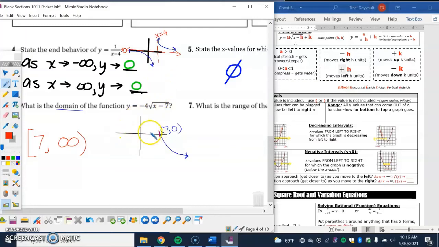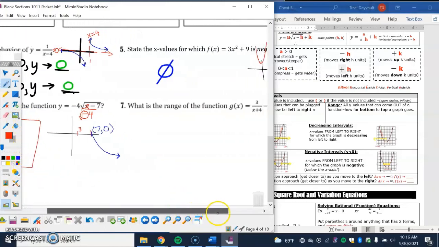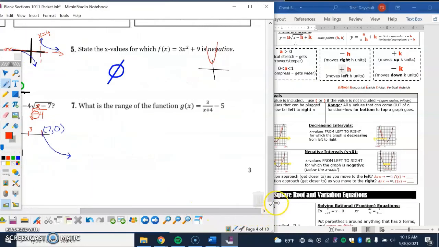What would happen if you plugged in a number smaller than 7, like 3? If you plugged in a 3, that would give you a -4. Uh-oh, we have a negative under the square root. That's a problem. So that's why 7 to infinity would be the domain. Notice I'm able to find these without a picture of the graph.